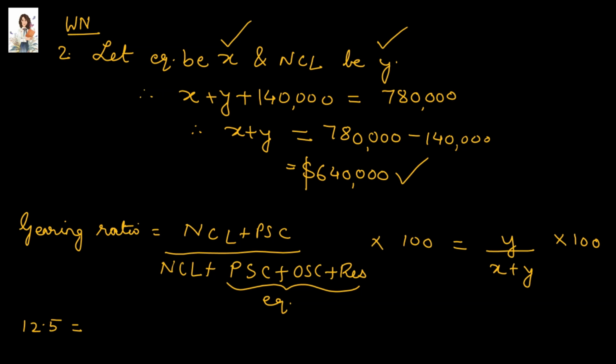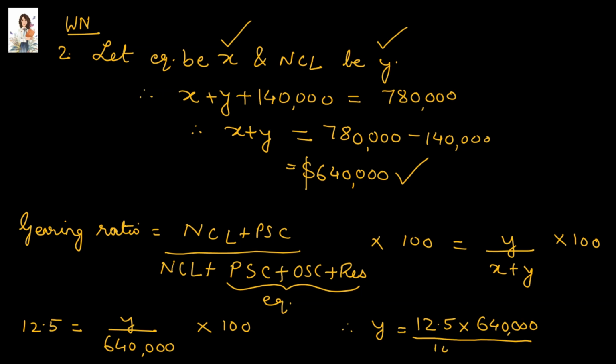So 12.5 is equal to Y upon $640,000 multiplied by 100. Therefore, Y is equal to 12.5 into 640,000 upon 100. Y is equal to $80,000.